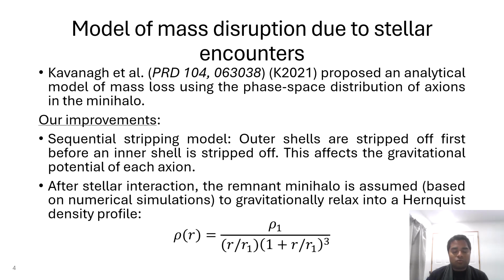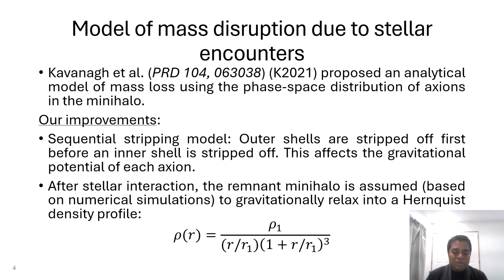Now, we propose two significant improvements to this model. One is called the sequential stripping model, where outer shells are stripped off before an inner shell is stripped off. Mathematically, what this does is that it affects the gravitational potential of each axion.